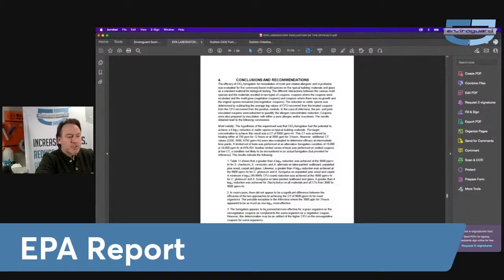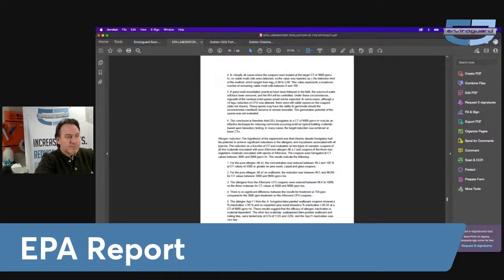The fumigation appears to be somewhat more effective for a given organism on the non-vegetative coupons as compared to the same organism on the vegetative coupons. However, this determination may be an artifact of the higher colony-forming units on the non-vegetative coupons for some organisms.